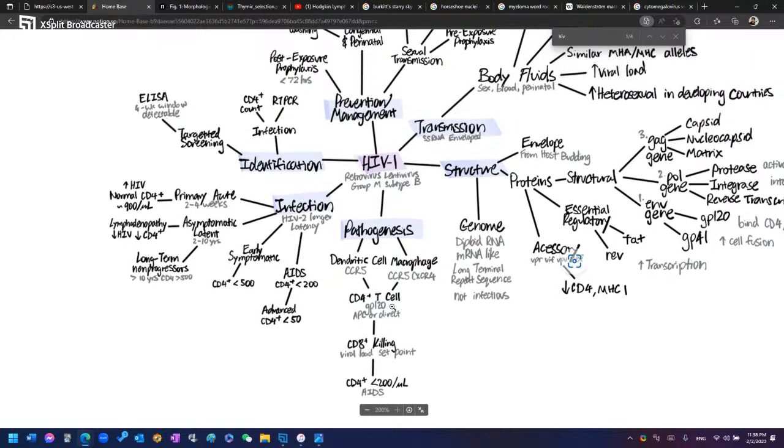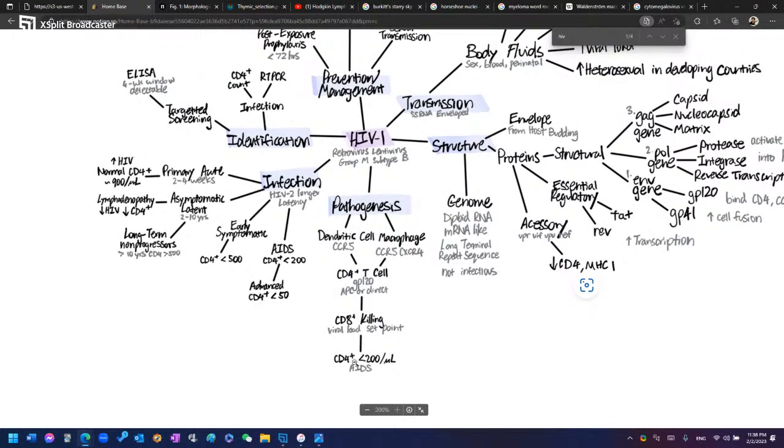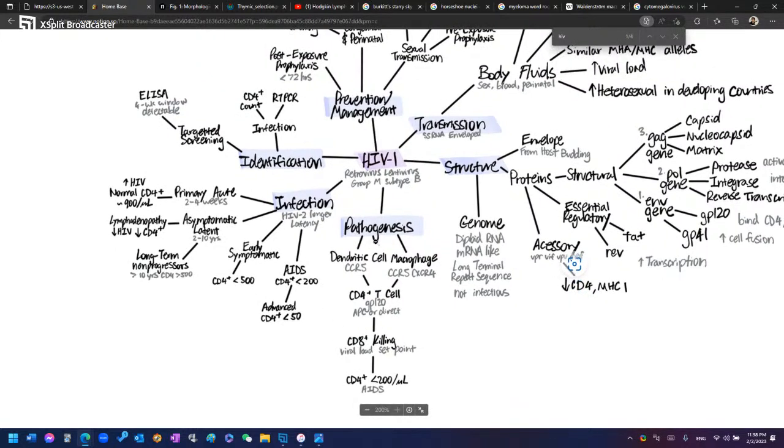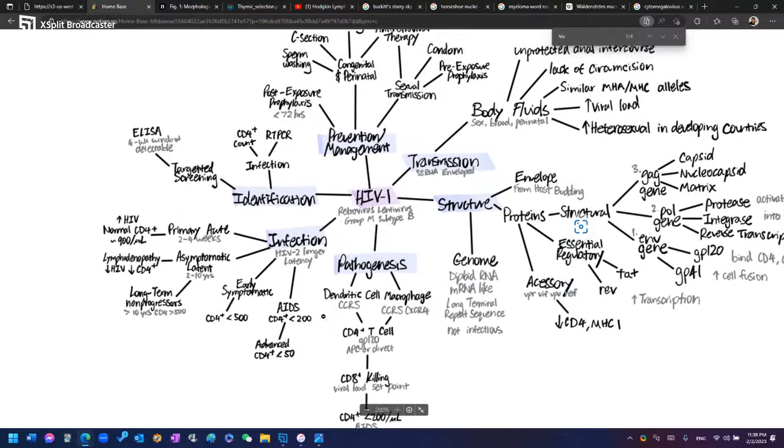And CD8 cells actually are the ones that kill the infected helper T cells. So that's why you have first an acute phase, your HIV expands inside of the CD4 cells, and then your T cells start killing them, right? And then you eventually lose them all, and you have AIDS.